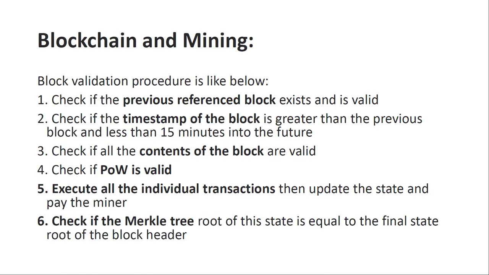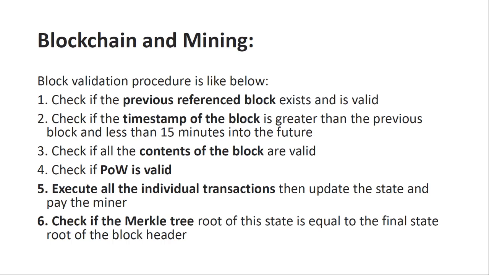Okay. So blockchain and mining. There is a block validation process. While mining, we need to validate something. So just a quick overview of the algorithm. First of all, you check if the previous referenced block exists and is valid or not. Then we have to check if the timestamp of the block is greater than the previous block and less than 15 minutes in the future. It's very important to check. After that, we have to check that the contents of the block are valid.